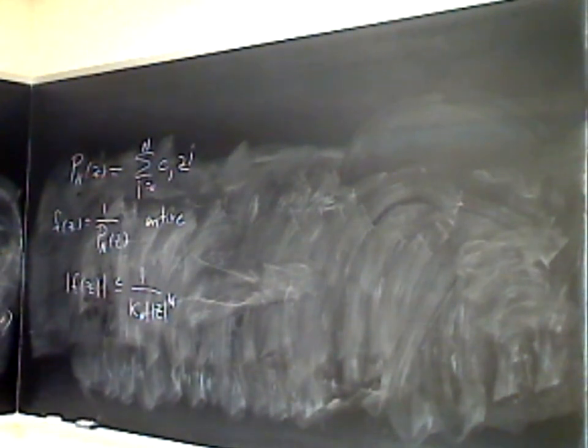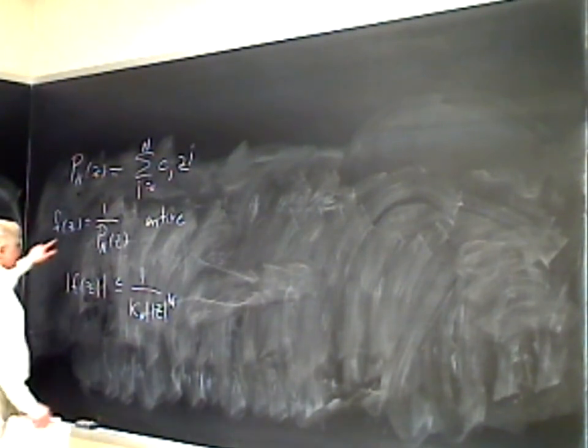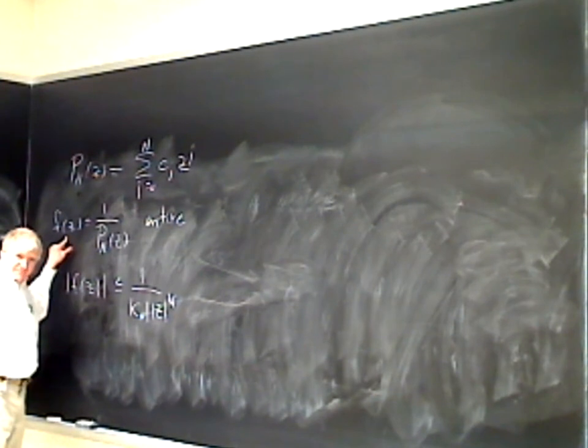Didn't you say it only has no zeros for the trivial case? I thought that was only the trivial case. I'm working through this pretty fast. I'm saying f is entire. If the polynomial has no zeros, f of z is entire. Isn't that only for the trivial case where it has no zeros?